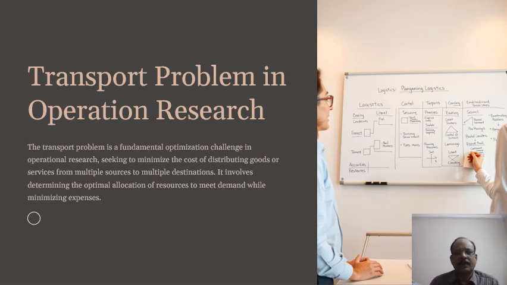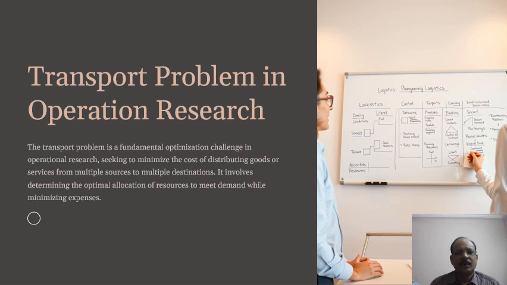As you know, take any production firm, for example, a cool drink manufacturing concern. In India the largest brands are only Coke and Pepsi, and these companies have several plants located in different parts of the country.